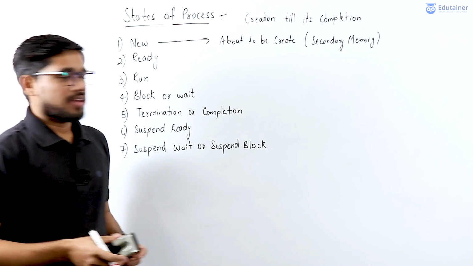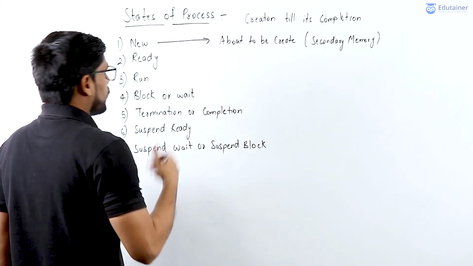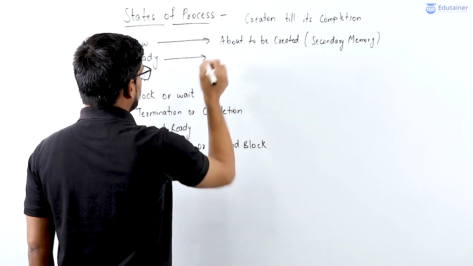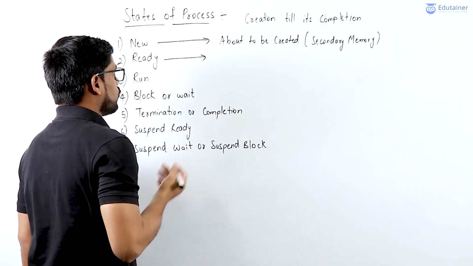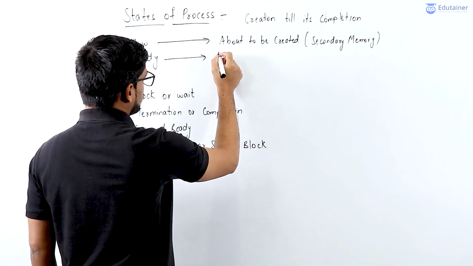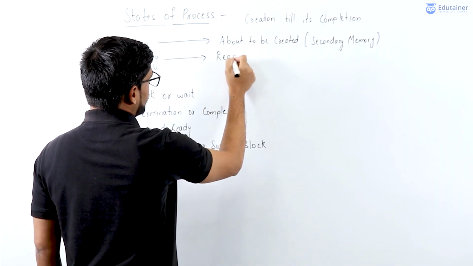Next state is the ready state. So whenever a process is created, after that it will be ready to run. So those processes which are ready to run will be present in the ready state.